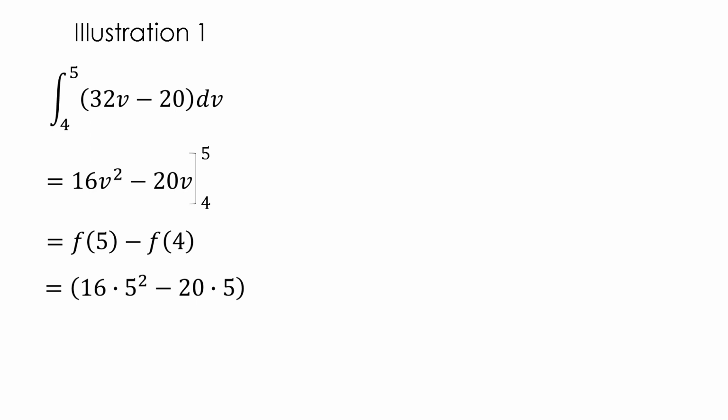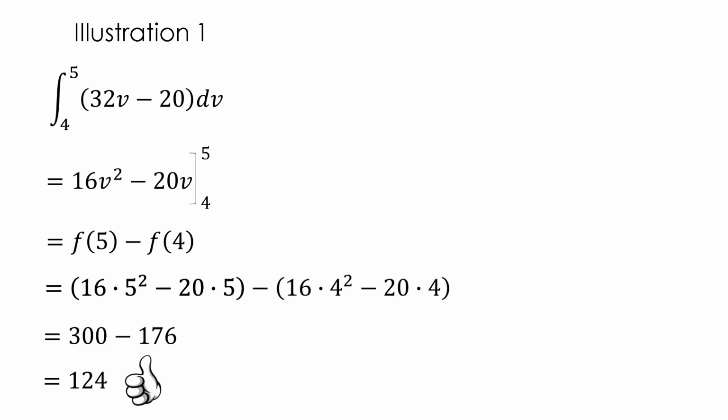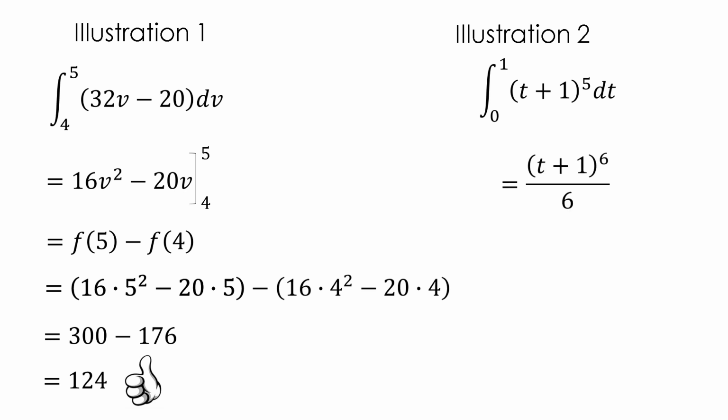The function of 4 is minus the quantity 16 times 4 squared minus 20 times 4. We get 300 minus 176 with an answer of 124.